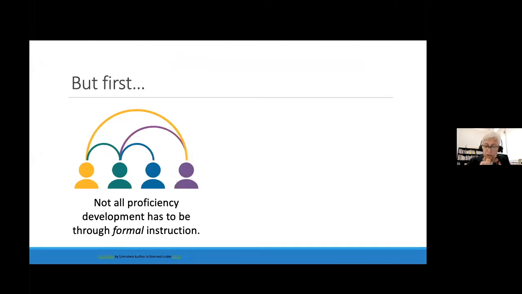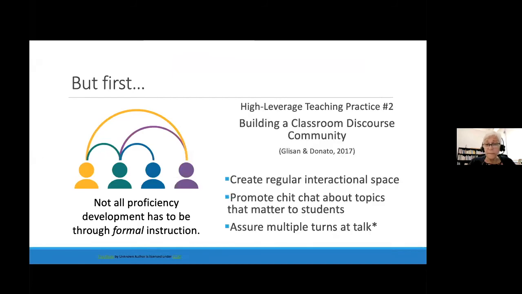But first, it's really important to think about the fact that not all proficiency development has to be through formal instruction. Those of you familiar with the high leverage teaching practices, number 2 is building a classroom discourse community. So this is about creating those regular interactional spaces.